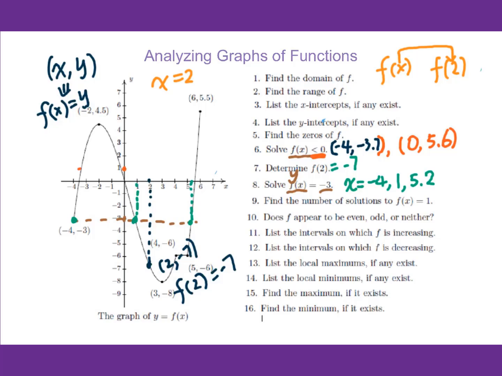Then draw a horizontal line and check how many intersections you get. We have 1, 2, 3 intersections. So for number 9, there are 3 solutions to f(x) equals 1.